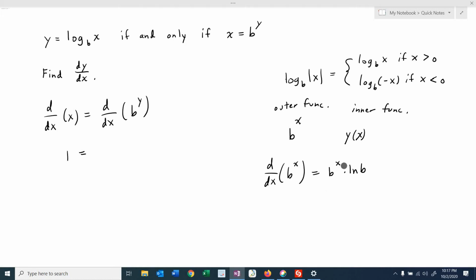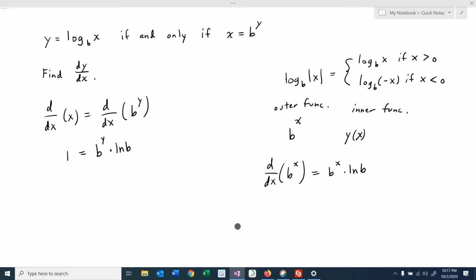Remember, you do have to evaluate this derivative at the inner function. So as our outer derivative, we actually end up with b raised to the y power times the natural log of b.